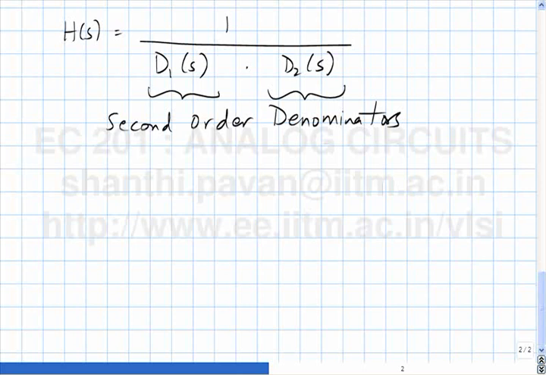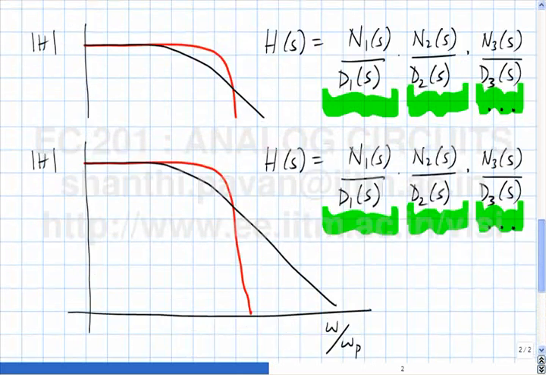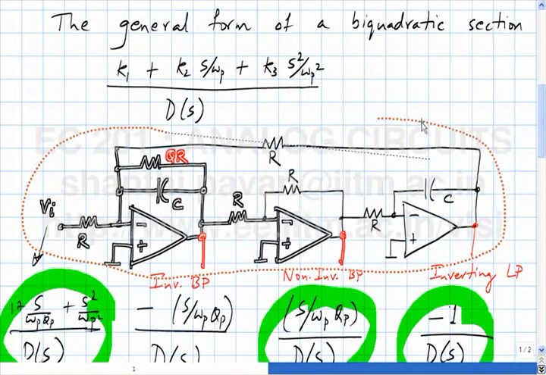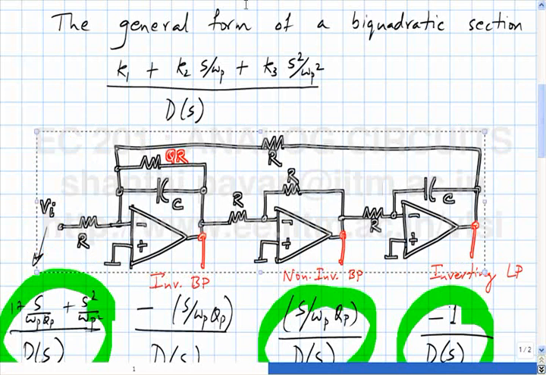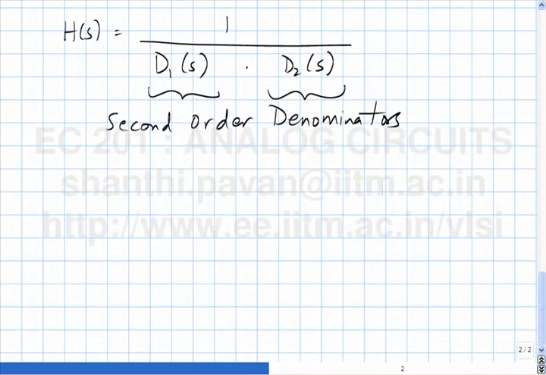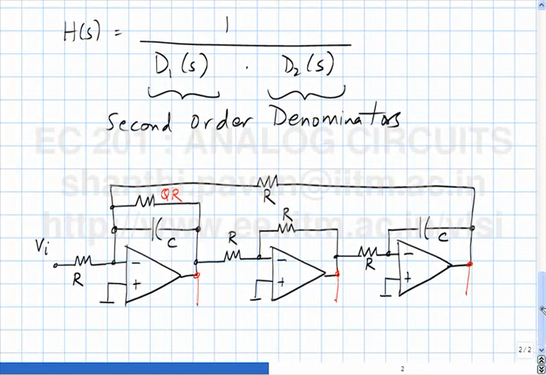Please note that the second order sections that we have derived use the ideal op amp, which is a voltage controlled voltage source. So the output impedance looking in at any of these terminals in principle is 0.